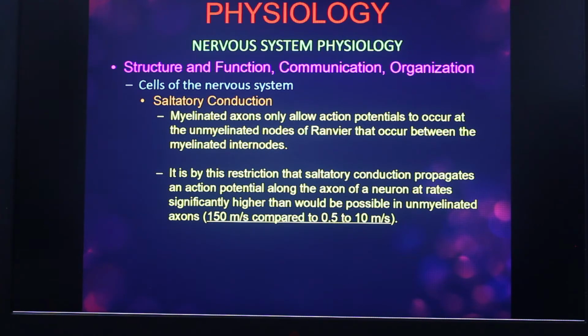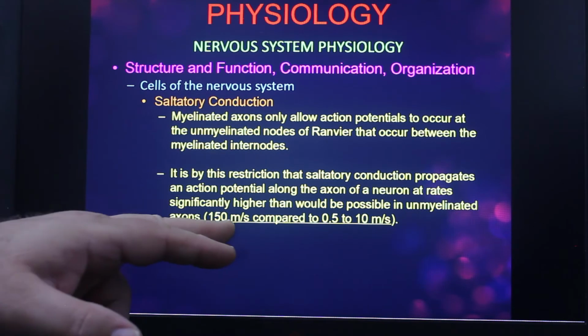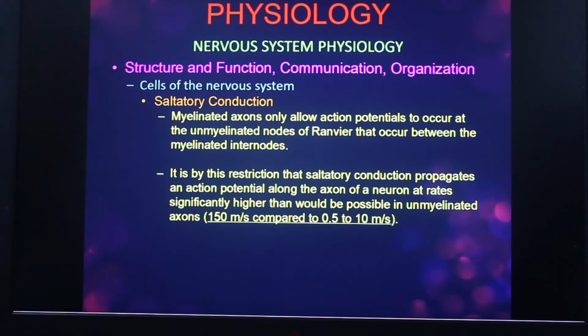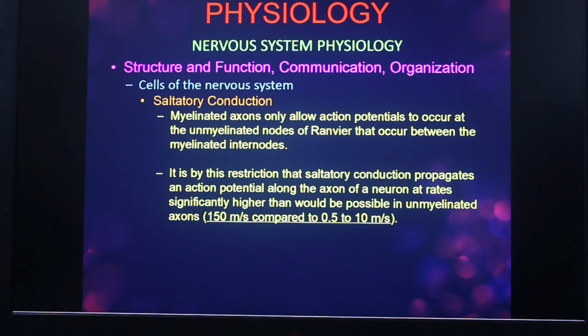And the speed of conduction in a myelinated axon can reach up to 150 meters per second, in comparison to unmyelinated axons, where the speed can be between 0.5 to 10 meters per second. So it's 150 meters per second to a maximum of 10 meters per second. You can see the difference in the speed of propagation in myelinated axons in our neurons.